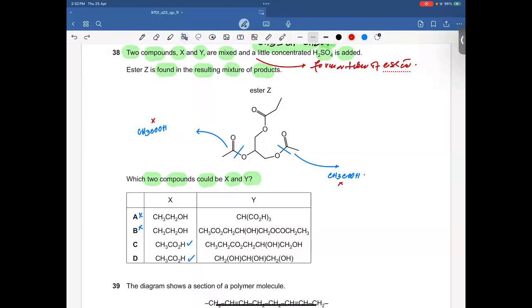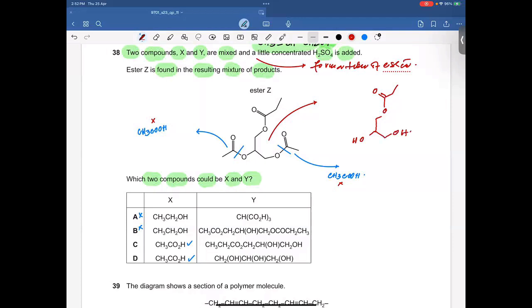Compound Y. Okay, this product, this oxygen, double bonded oxygen, this is OH, and this is OH.